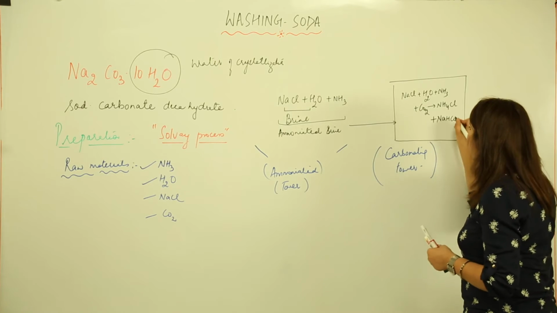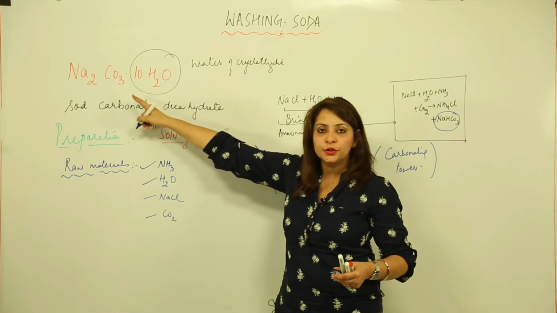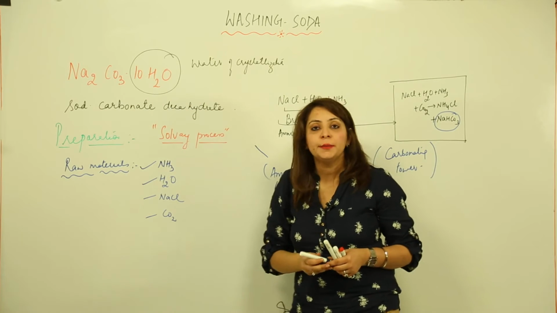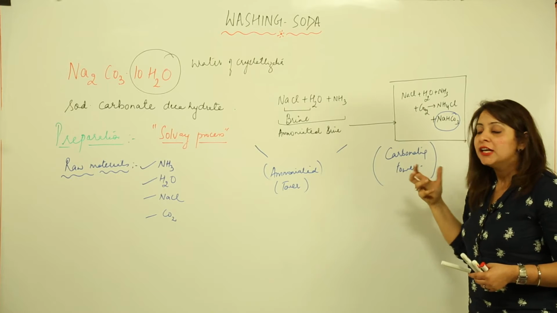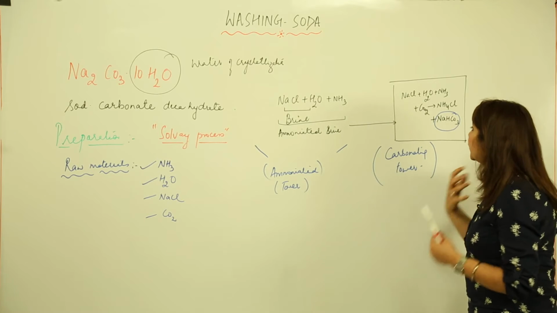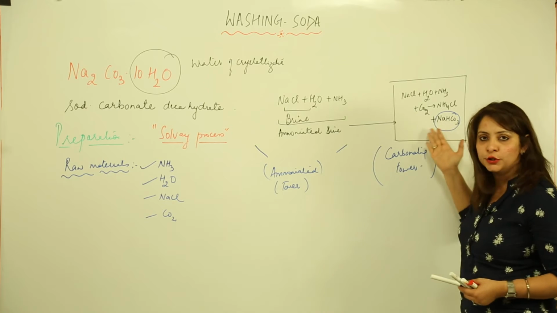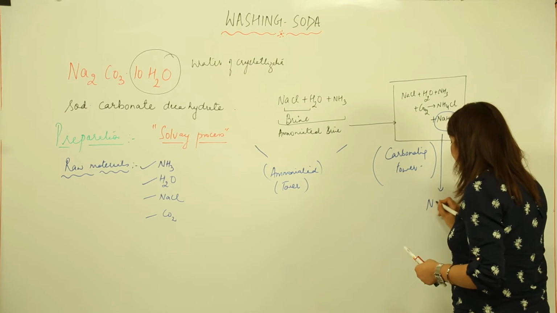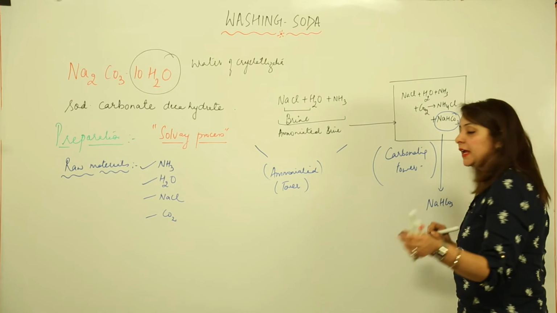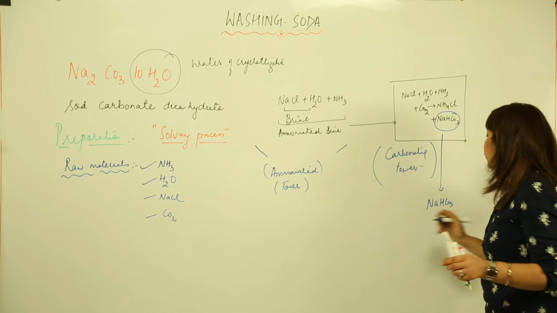Now our main product is this, right, because we are concerned with the washing soda, which is Na2CO3. So obviously our main product is the sodium compound. Here is our main compound, that is NaHCO3, right. Now we wish to get this Na2CO3.10H2O out of this NaHCO3. So we will separate this NaHCO3, because we haven't got the main product yet.